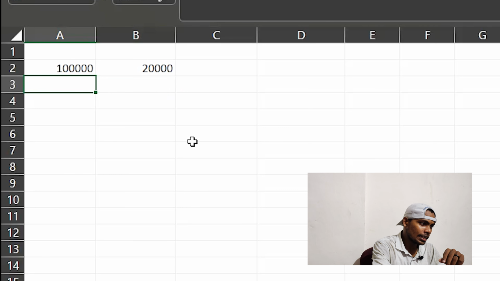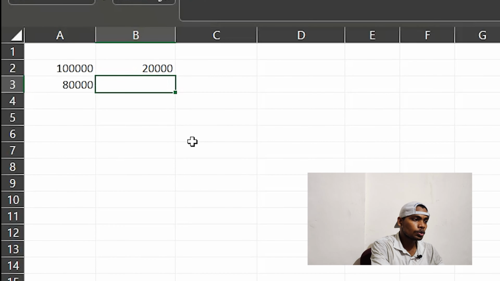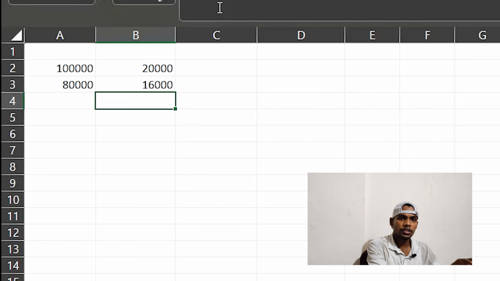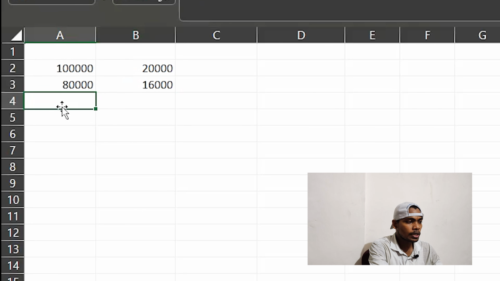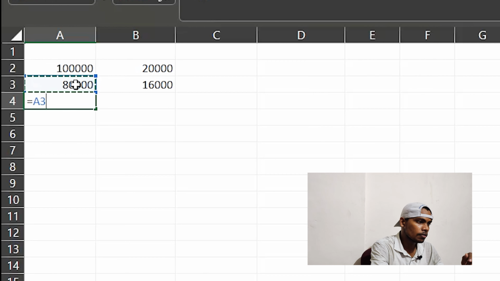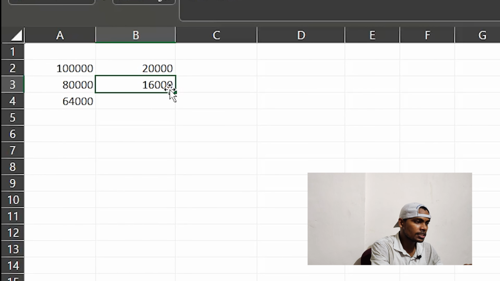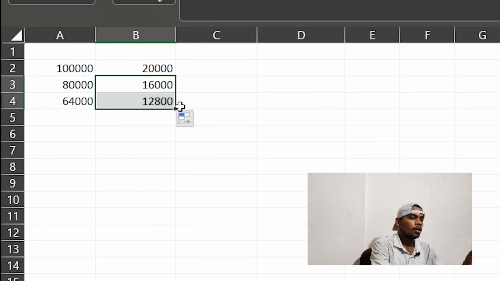The remaining is 80,000. From this 80,000 we have to calculate 20%, which comes to around 16,000. So now 16,000 has to be reduced from this for the next trade. So now out of 64,000 we have to take the 20% position sizing.